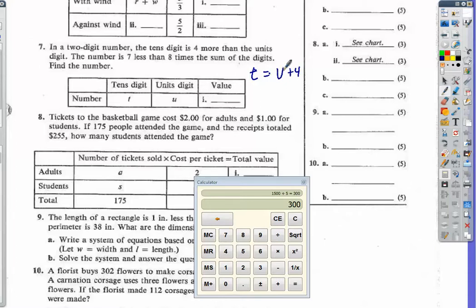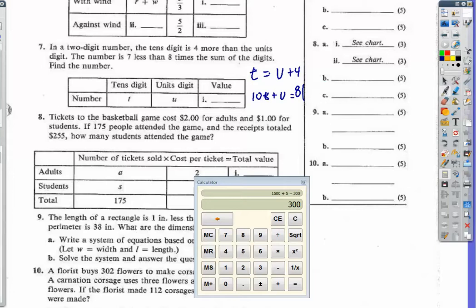So then for my second equation, the overall number, 10t plus u, means equals 7 less, so that's minus 7, then 8 times the sum of the digits. Now obviously I didn't plan ahead here.